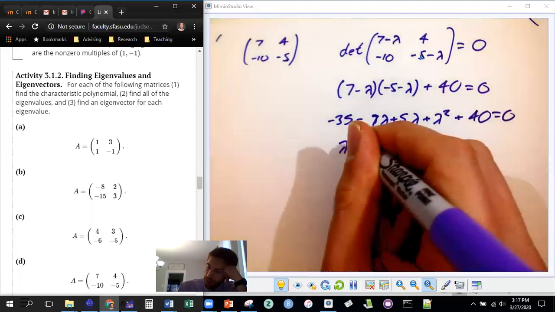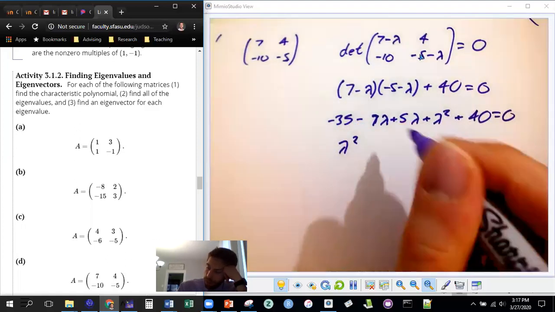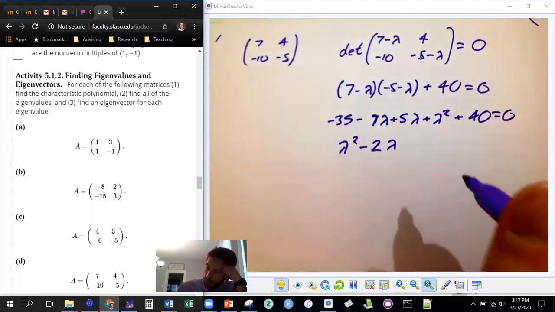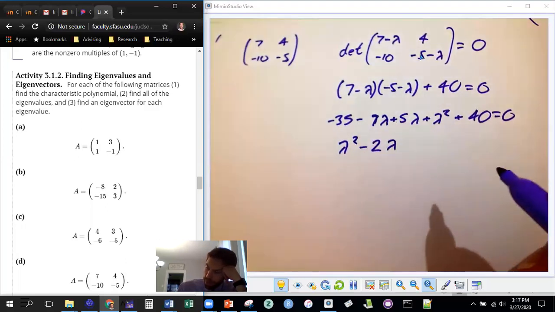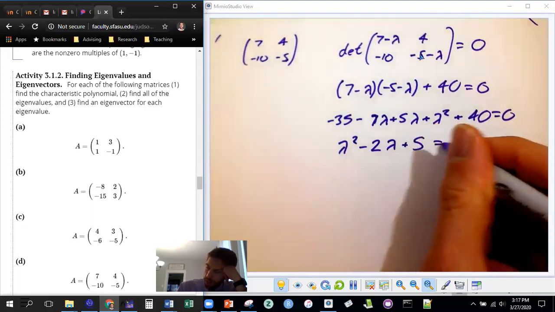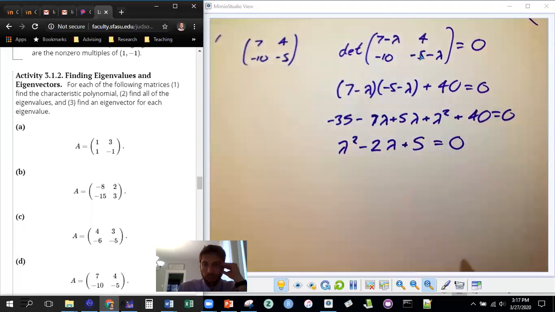Simplify, so lambda squared minus 2 lambda plus 5 equals 0.